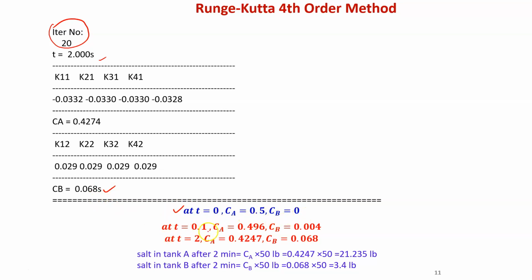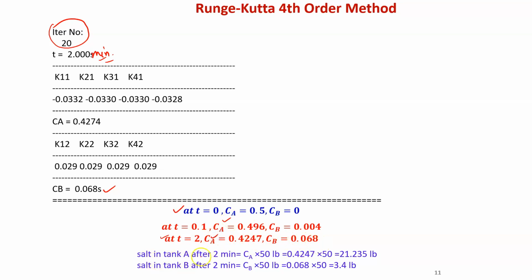At T equal to 0.1, CA will be 0.496 and CB will be 0.004. And after 2 minutes, not 2 seconds, this is also 2 minutes, CA will be 0.4247 and CB will be 0.068. So this will be the concentration.